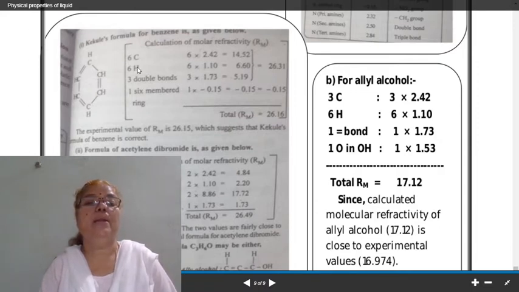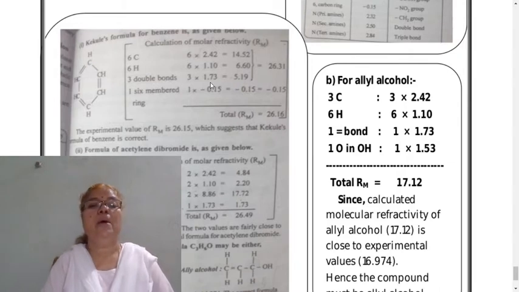14.52. Again the molar refractivity of hydrogen is 1.10 and in benzene again there are 6 hydrogens. Therefore 6 into 1.10 we have 6.60. This product becomes equal to 6.60. And in case of Kekule's benzene structure there are 3 double bonds and the contribution of a double bond here is 1.73.